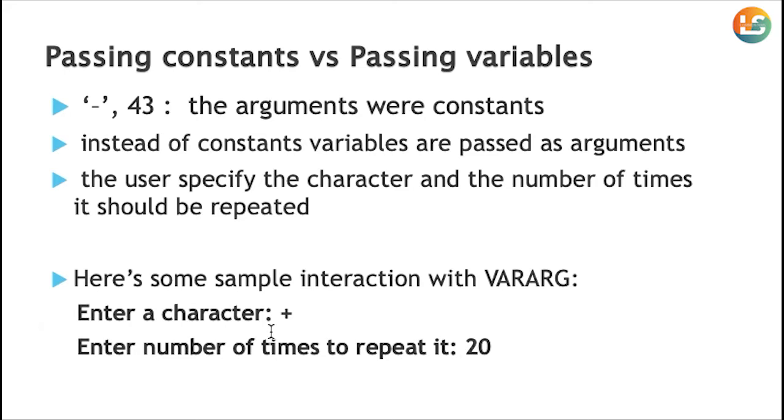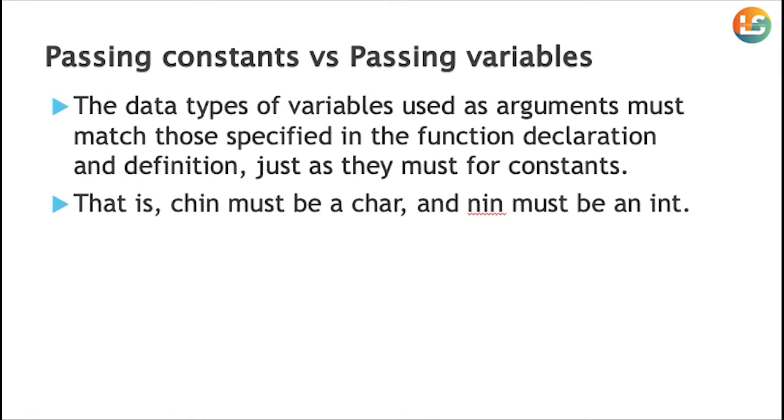The data types of the variables used for the arguments must match those specified in the function declaration and definition, just as they must for constants. Here, chin must be a char and nin must be an integer.